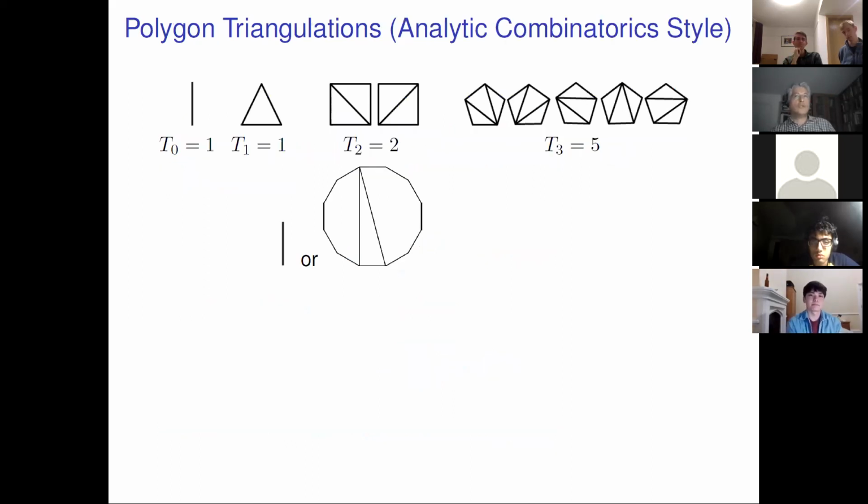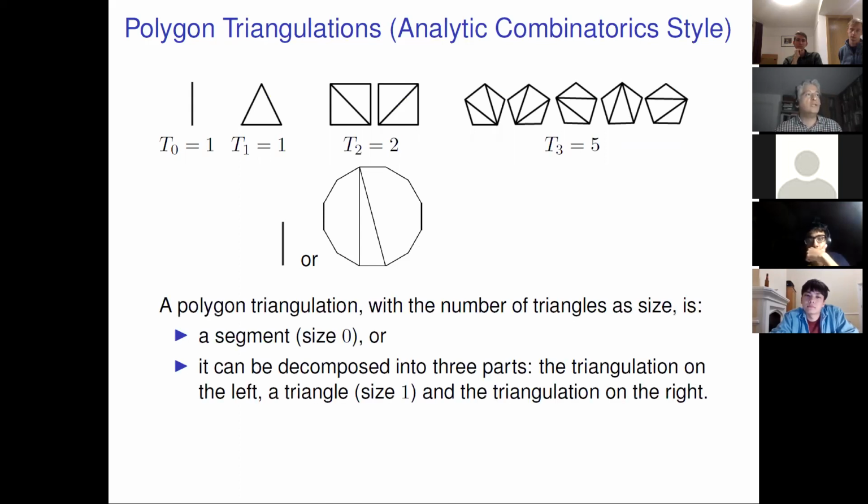So let's go back to our original problem, counting polygon triangulations. The first step is to find the combinatorial construction for this. We can define the polygon triangulation recursively the following way. It's either a segment of size 0, or it can be decomposed into 3 parts: the triangulation on the left, one triangle, and the triangulation on the right.